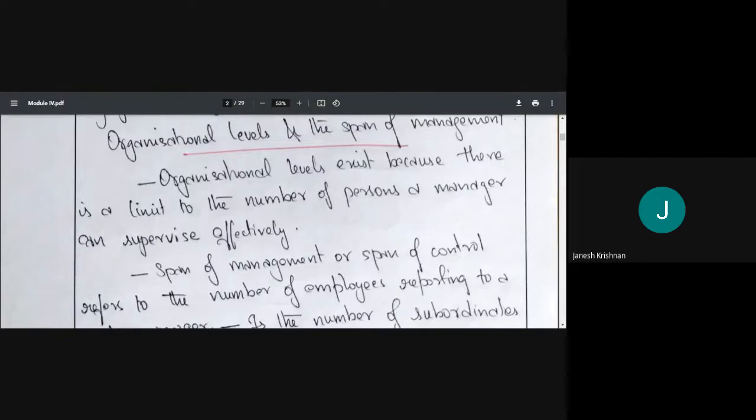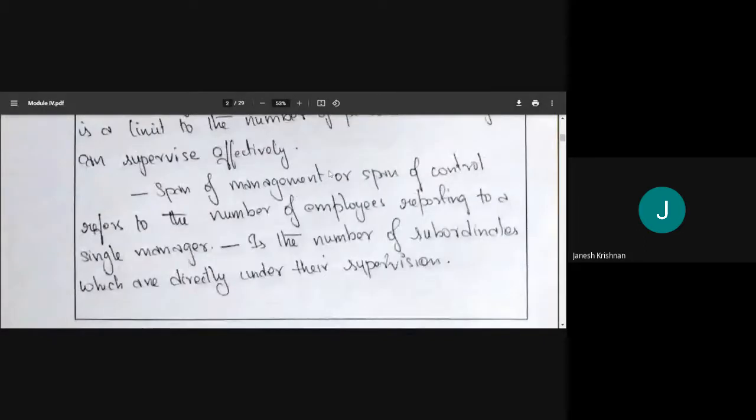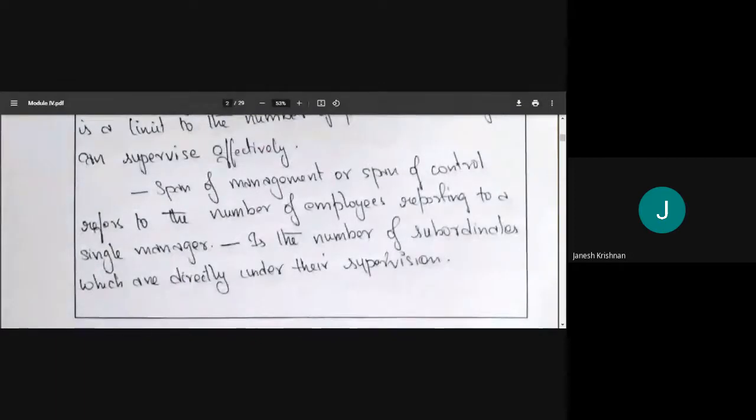Span of management or span of control, the terms are the same. The question might be: write a note on span of management or span of control. It refers to the number of employees reporting to a single manager. So how many employees are reporting to a single manager? That's the span of control or span of management.